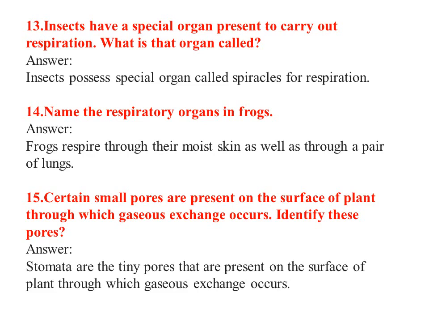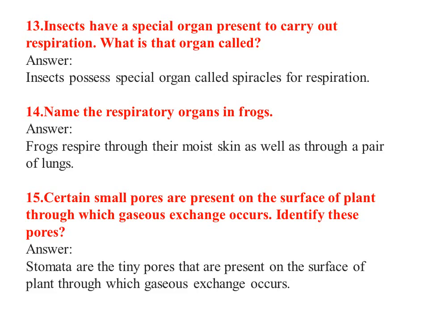Next question, name the respiratory organs in frogs. Frogs respire through their moist skin as well as through a pair of lungs. When they respire through moist skin, it is known as cutaneous respiration, and when they respire through a pair of lungs in the terrestrial habitat, it is known as pulmonary respiration.